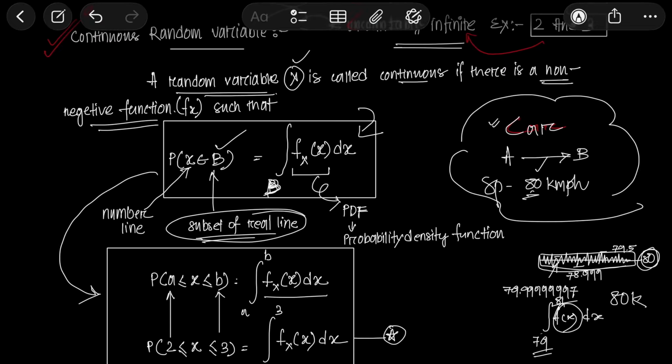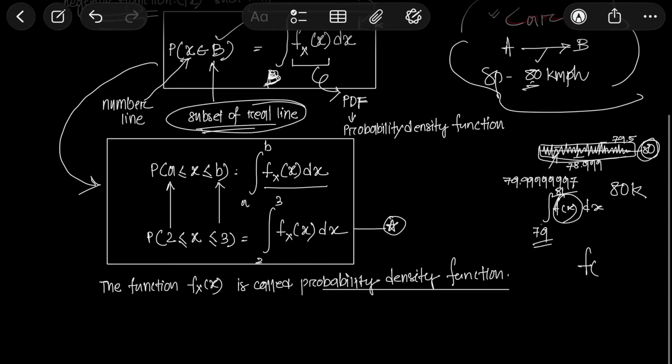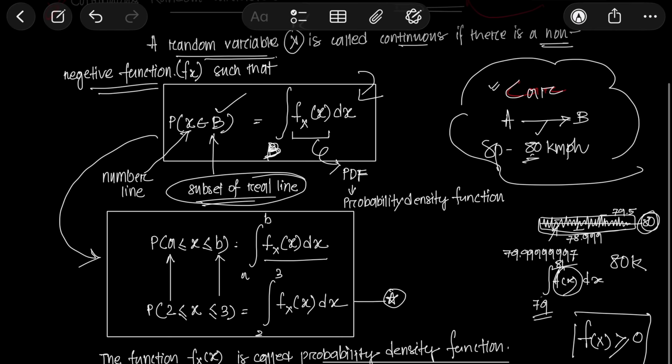So f of x must be greater than or equal to zero. If there is a non-negative function f of x, and we integrate it from the position a to b with respect to dx, then we will get the probability of x. This f of x is the probability density function.